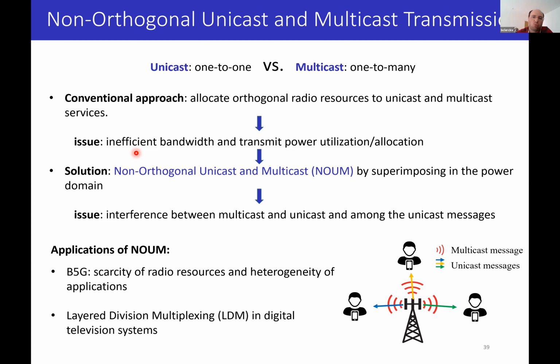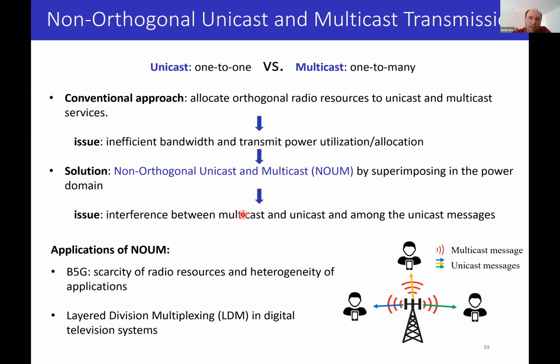The conventional way of doing that, if you look at cellular systems like 4G, is maybe to orthogonalize the transmission of unicast and multicast, but this is not very efficient. A more efficient strategy would be to superimpose unicast and multicast.